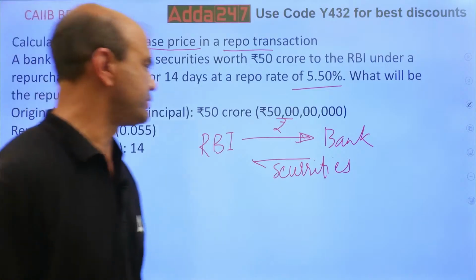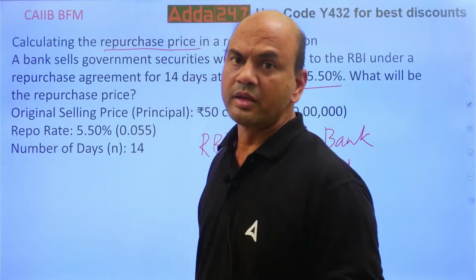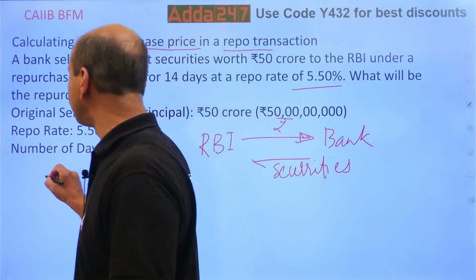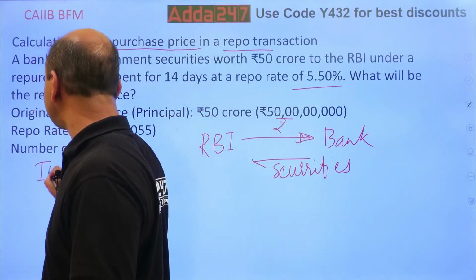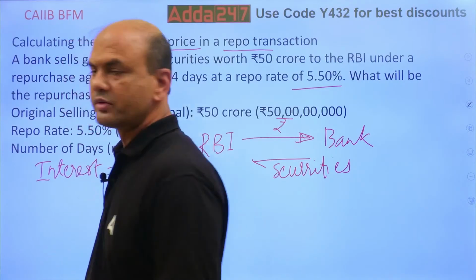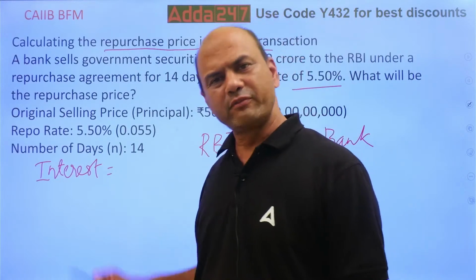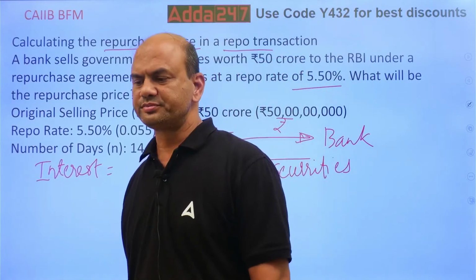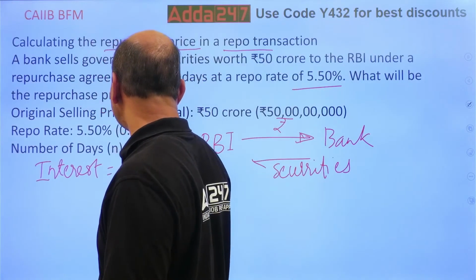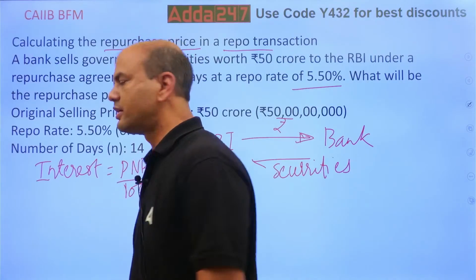There are two parts to it. First you have to find out the interest for 14 days. What is the formula for simple interest? Comment section, everyone. We are doing it on simple interest only. It is PNR upon 100, right? Upon 100.